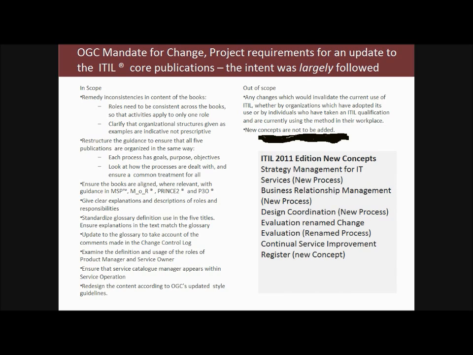The actual interpretation of what that process is supposed to do, the outcomes, has changed. And then there's this new concept of the continual service improvement register. Think of it like a portfolio office for improvements, and you'll get a gist of what that is. So that's the 5% that they added.